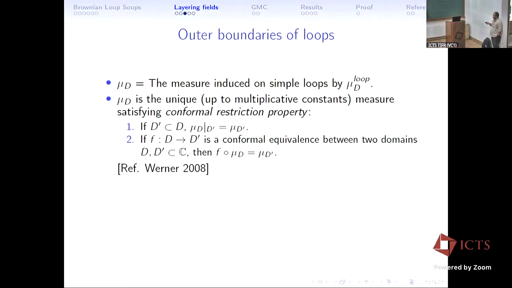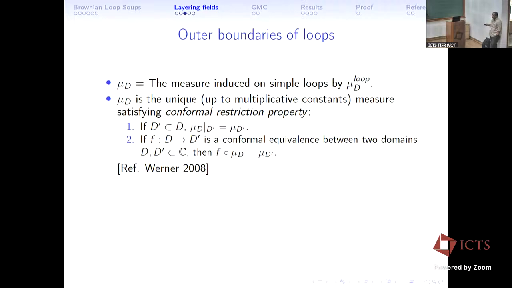It was proved by Werner that mu D is the unique measure, up to multiplicative constants, which satisfies the conformal restriction property. The conformal restriction property just means that it behaves nicely with conformal maps. If I have a domain D and a subdomain D prime, then mu D restricted to D prime would be mu D prime.